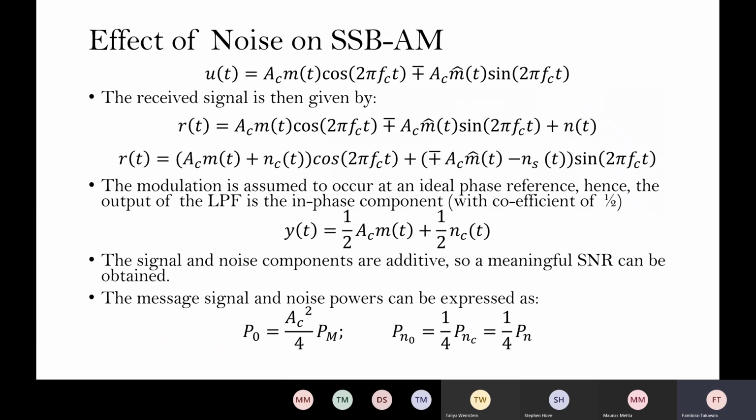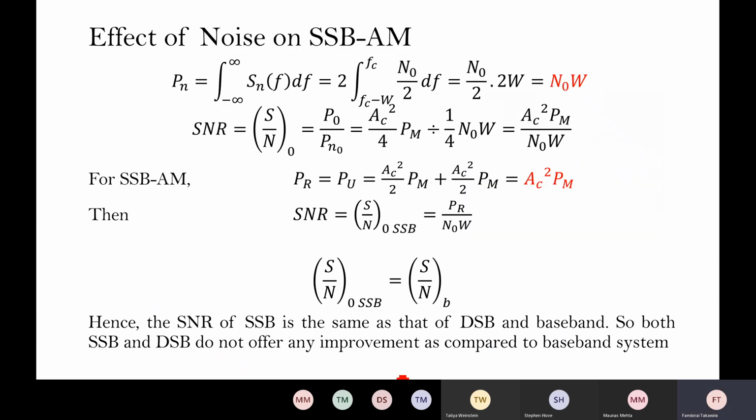Likewise, we also looked at SSB, and we had exactly the same result: the signal to noise ratio for an SSB system is the same as that of the baseband system, which is again given by the received power divided by N naught W.